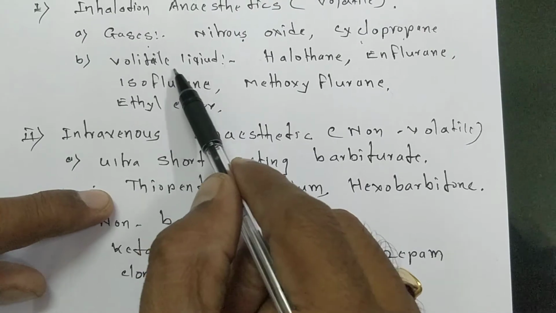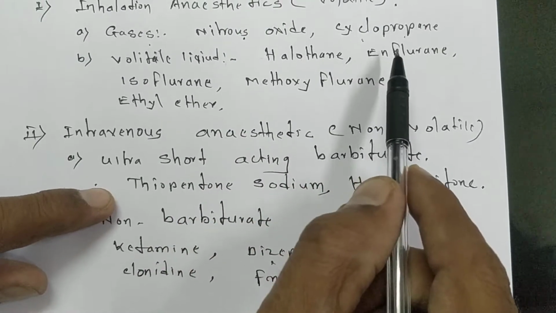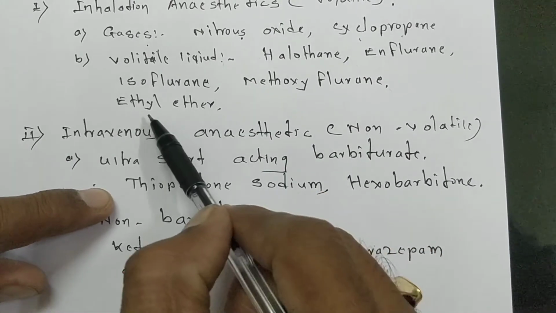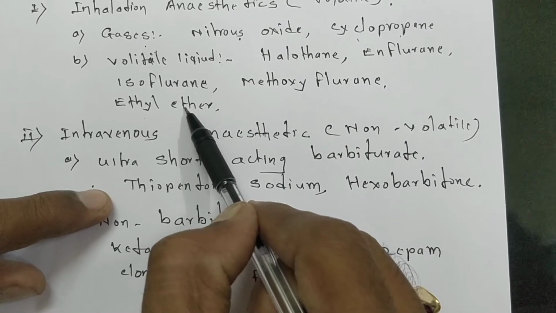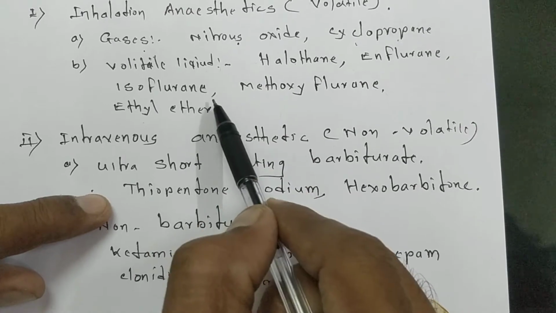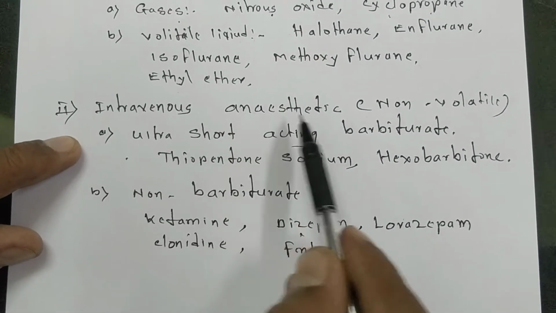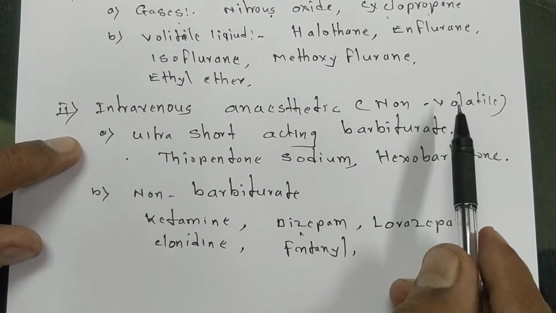Second type, volatile liquids: halothane, enflurane, isoflurane, methoxyflurane, and ethyl ether. The second class, intravenous anesthetic, is also known as non-volatile anesthetic.